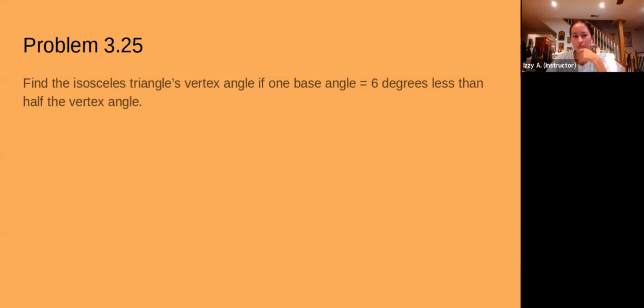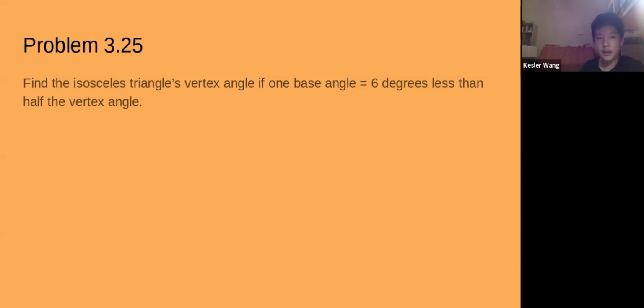Or sorry, you can come up with the formula for the vertex angle. Or technically, if one base angle is 6 degrees less than half the vertex angle, the other base angle is the same thing.